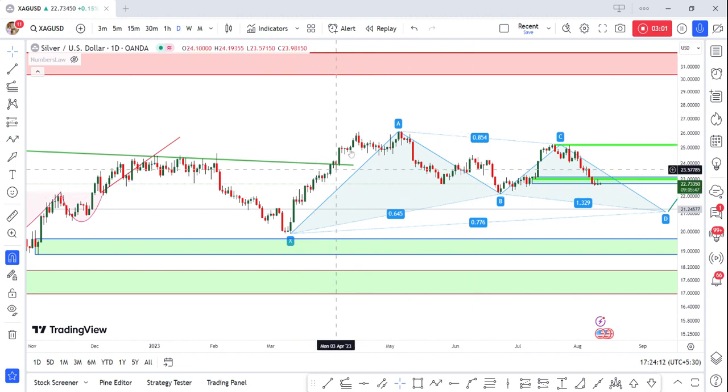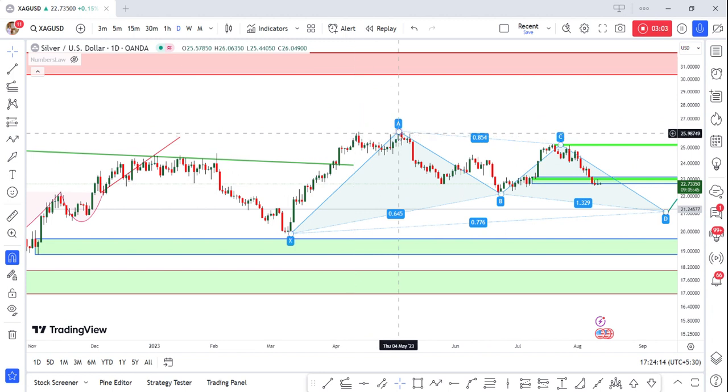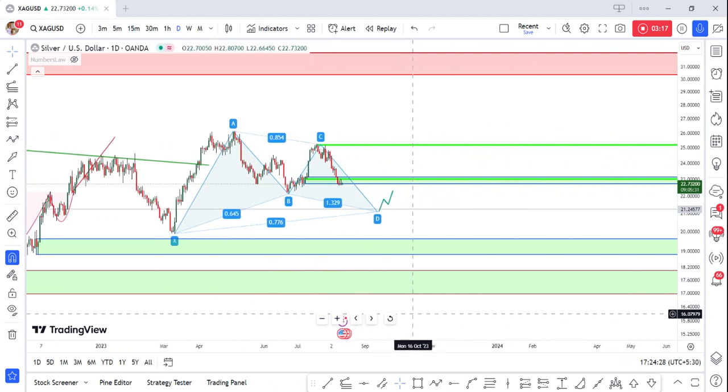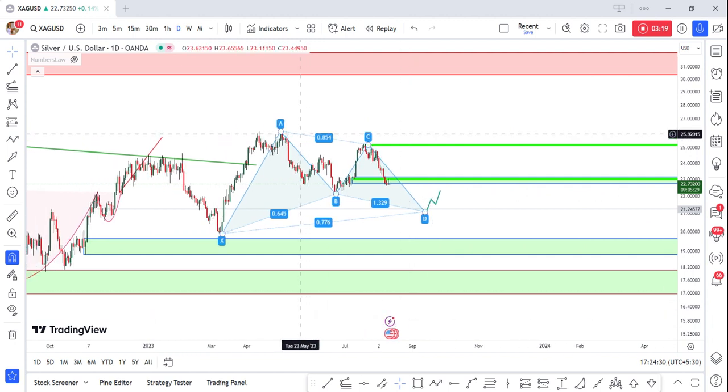But maybe because of the recession news and news in Germany, and even the war things that are around, all this may have made it come down.